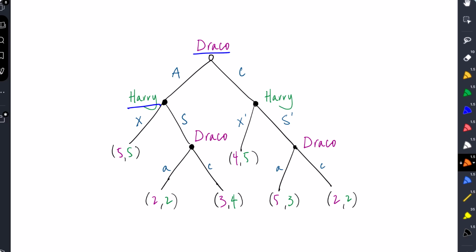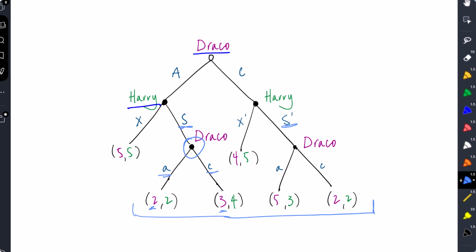All right, now to solve this game with backward induction, we will start with these two choices that Draco has if Harry chooses S or S prime. So if Draco ends up here and he has to make a decision between A and C, his payoffs are the first value in each pair.